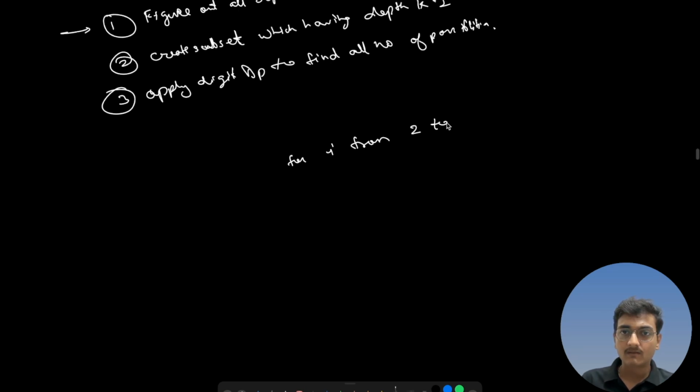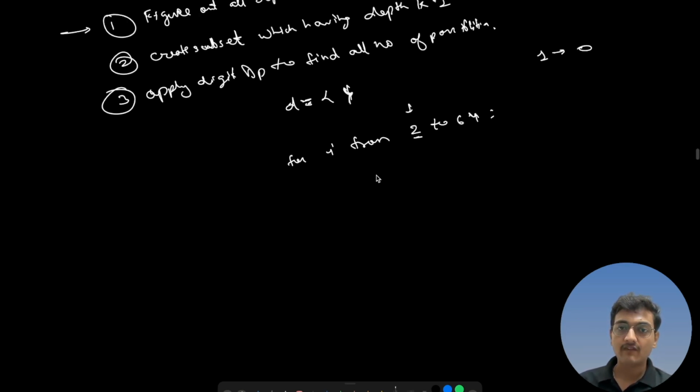Because for 1, I know the depth count is already 0. Just to figure out the depth count of 2, I will use some dictionary, hash map, or array so that I can store the value. For now I'm using something like a hash map. You can use an array as well, that's not a problem.